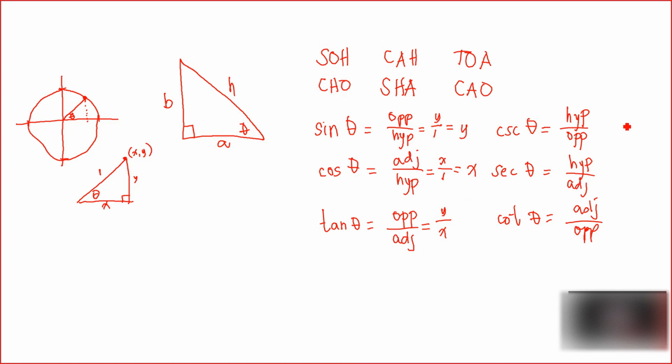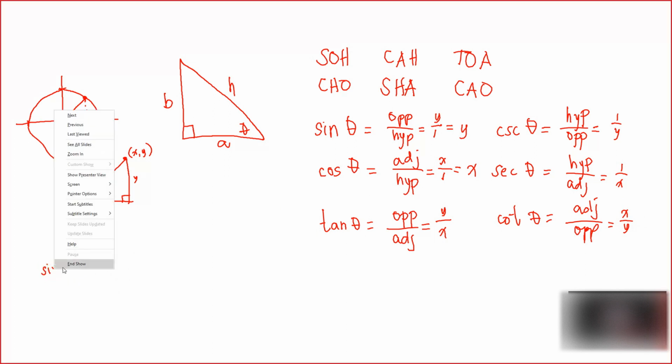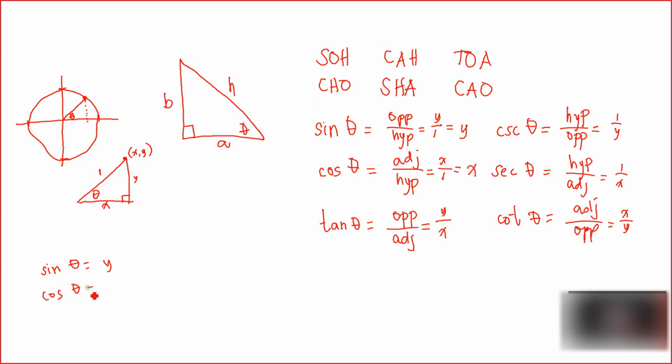And then here we're just going to have the reciprocals: 1 over y, 1 over x, and x over y. So in other words, sine theta is equal to y, cosine theta is equal to x, and tangent theta is equal to y over x.